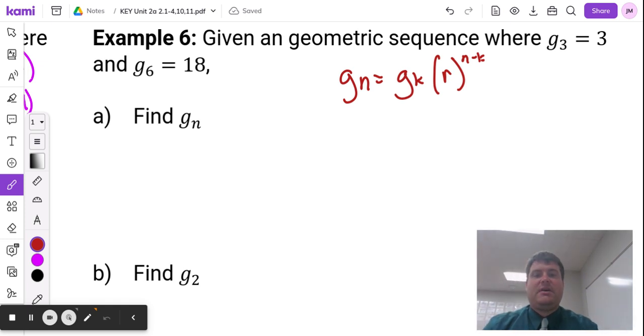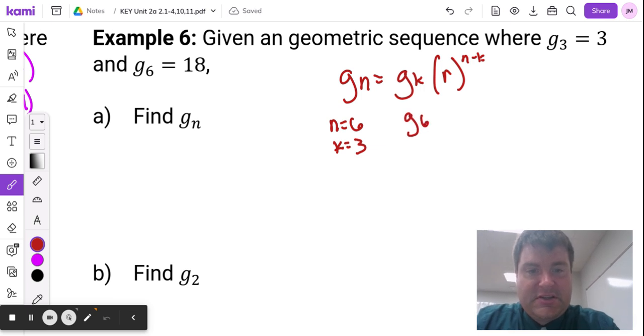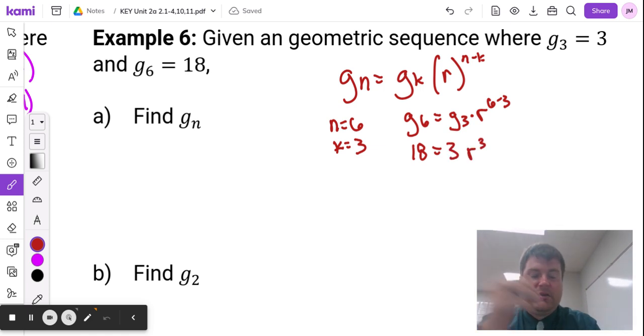So let's go ahead and use n equals 6, the larger number, so that way we can use k equals 3 to solve for r. So if we do that, we're going to do g sub 6 equals g sub 3 times r to the 6 minus 3. So g sub 6 is 18 equals 3 r to the third.